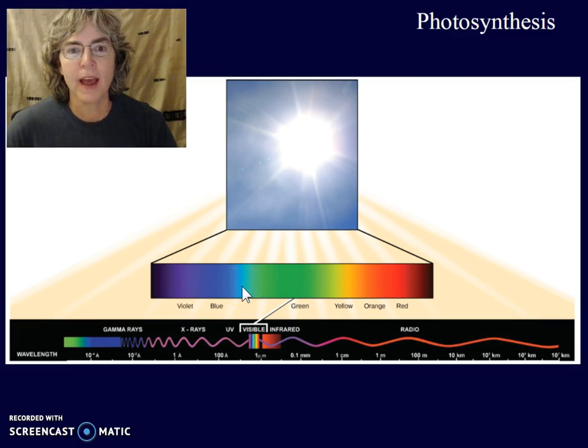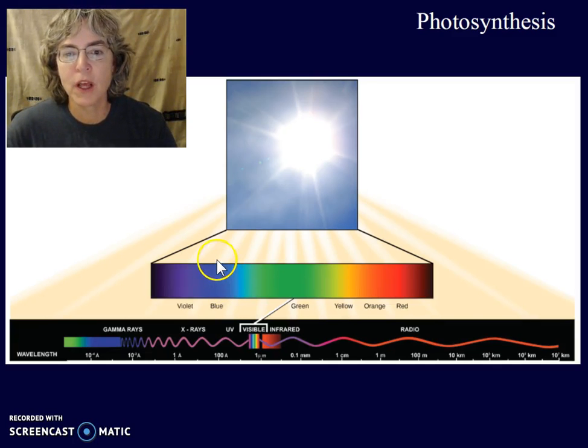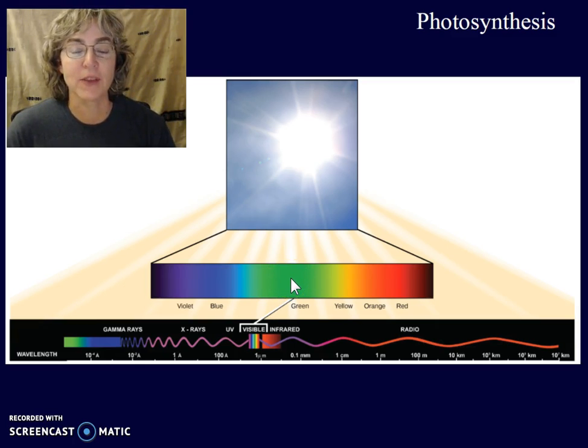And we know that in plants, chlorophyll A is a pigment molecule, and it absorbs blue wavelength of light of the visual range and red, reflecting the green. So that's why we see green, right? Green plants. Okay, so this energy goes into photosynthesis.